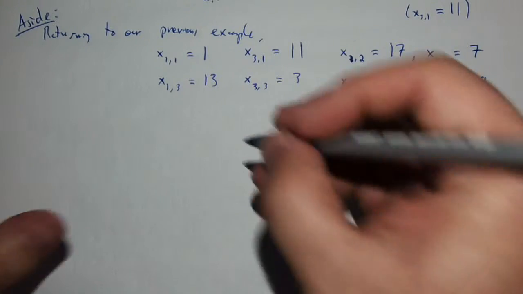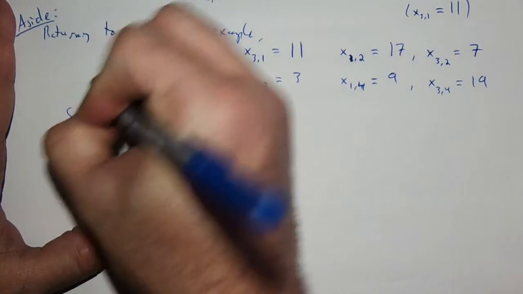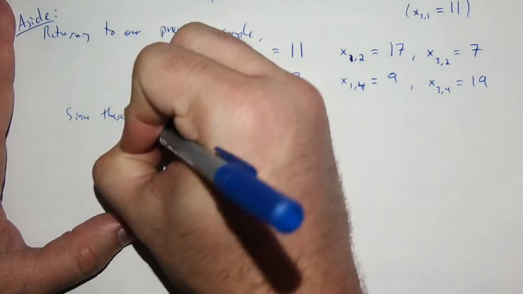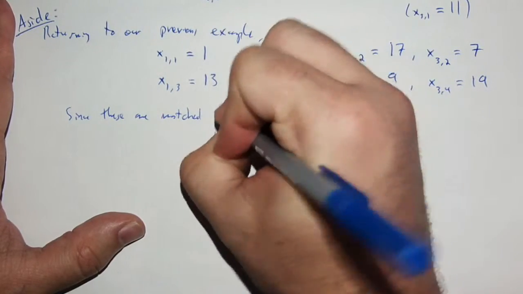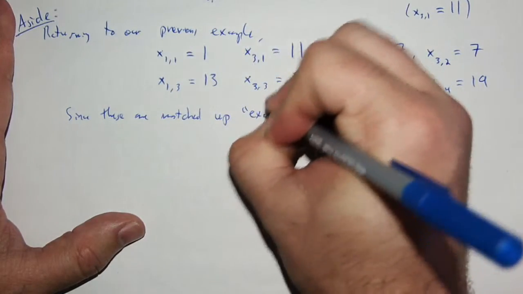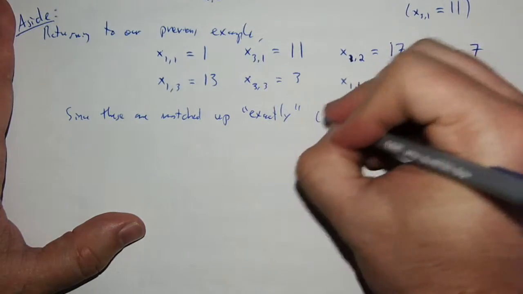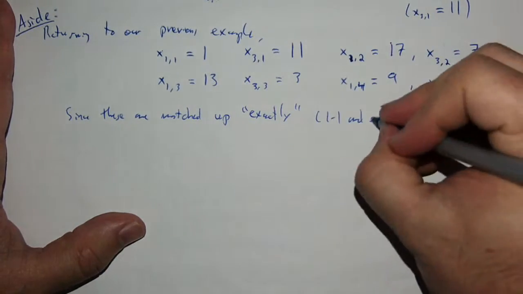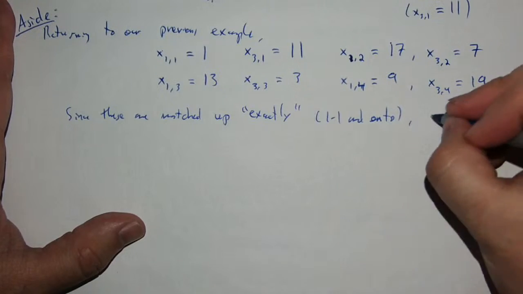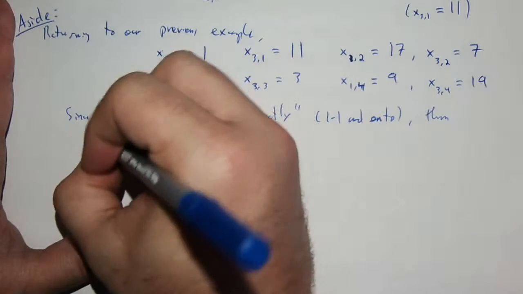So since these are matched up exactly, again, as I said, it's one-to-one and onto, then these sets have the same size.